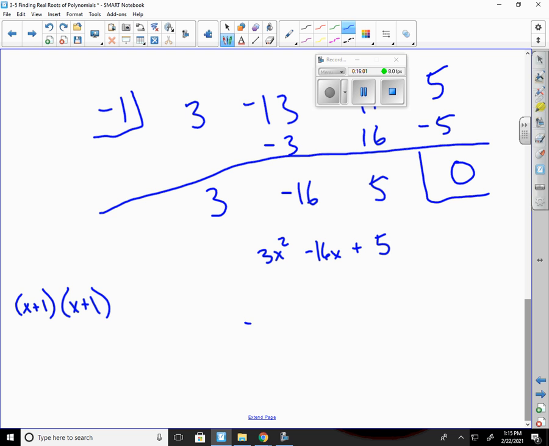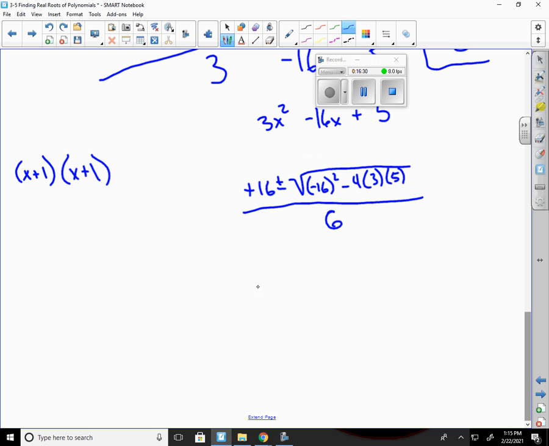So that would be negative b, which would be negative of a negative 16, so a positive 16, plus or minus square root of b squared, it's negative 16 squared, minus 4 times a times c, all over 2a, which just becomes 6.